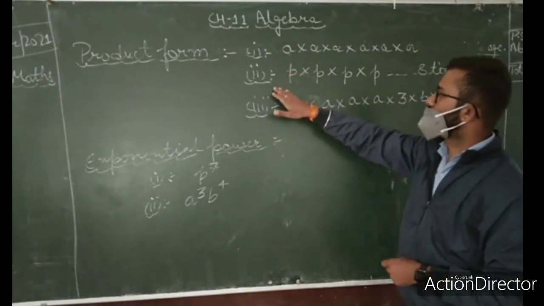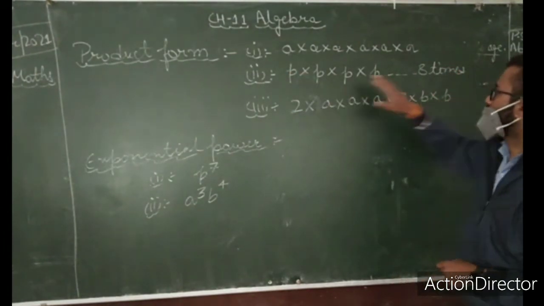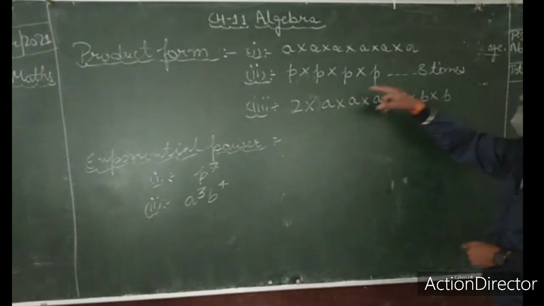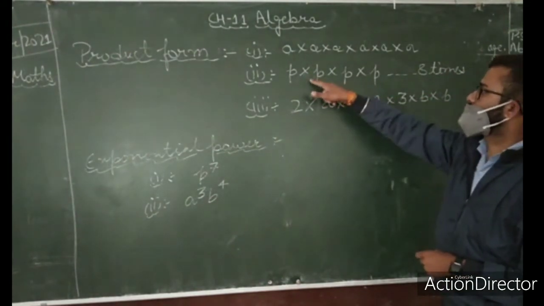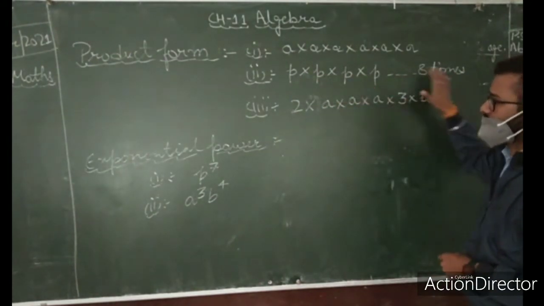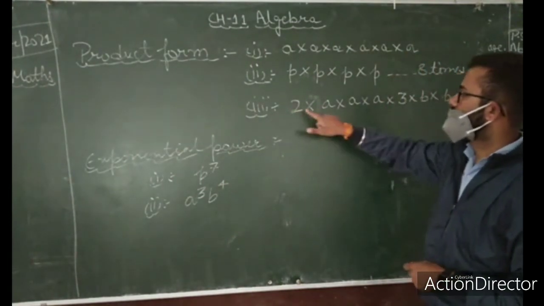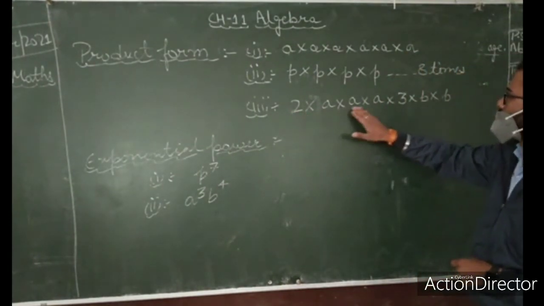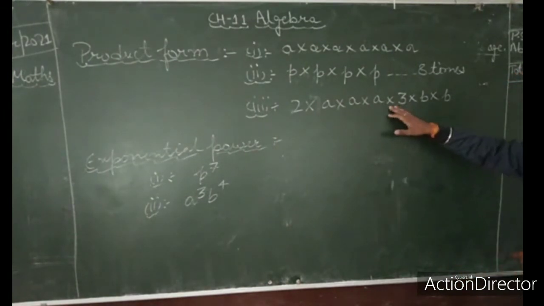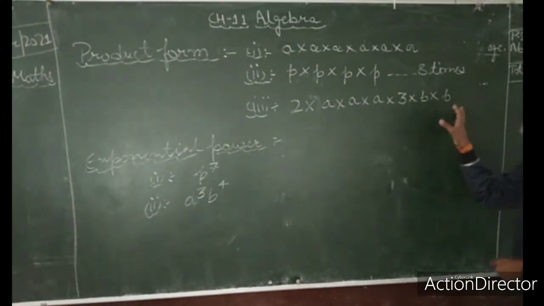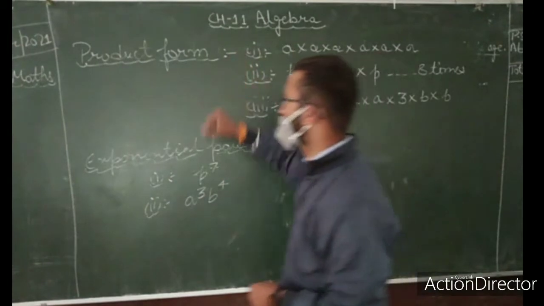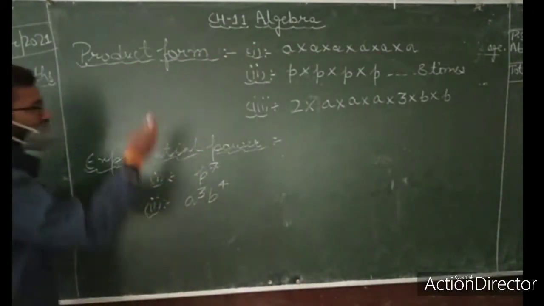In the second, p is repeated total 8 times, so we write p multiplied by p 8 times. Then third, 2 multiplied by a into a, and 3 into b into b. These types of forms are known as product form of literal numbers in algebra.